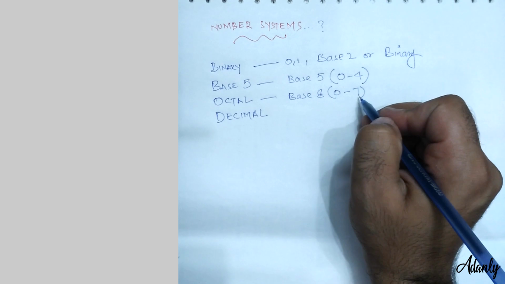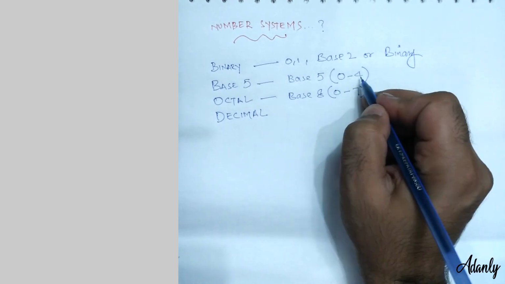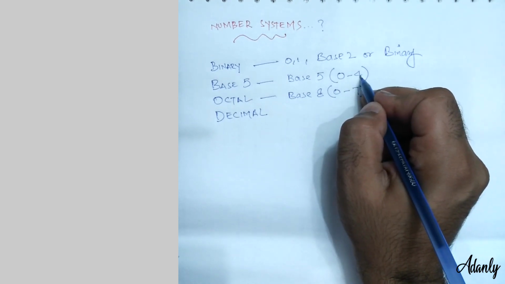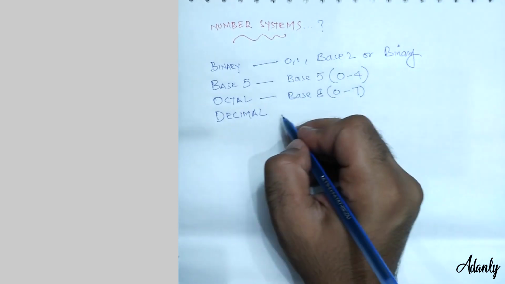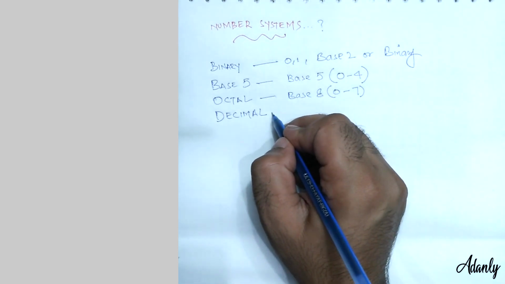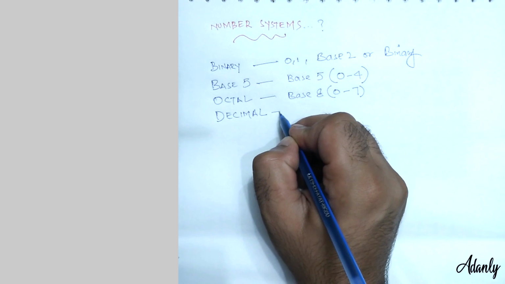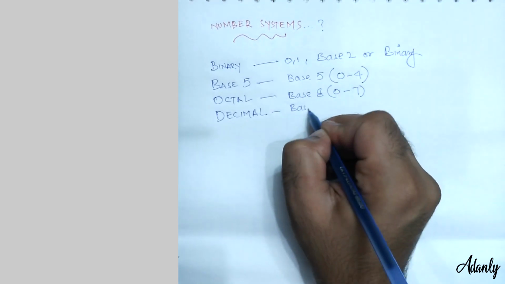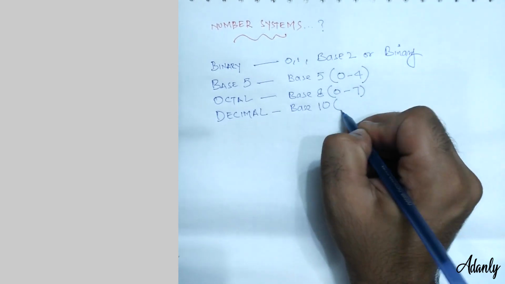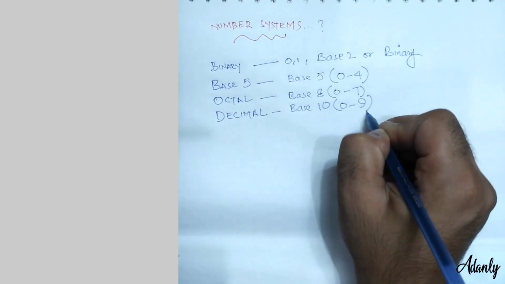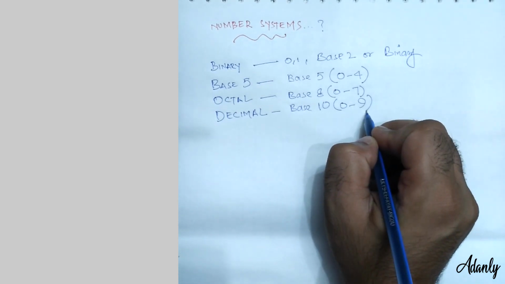From 0 to 7 we have 8 digits, from 0 to 4 we have 5 digits, and from 0 to 1 we have 2 digits. And in decimal, we call it base 10 and its range is from 0 to 9. From 0 to 9 we have 10 digits.